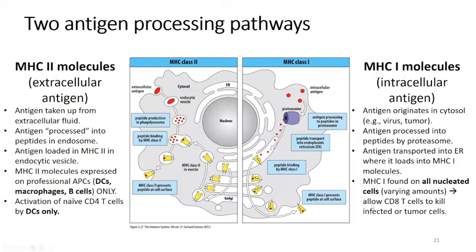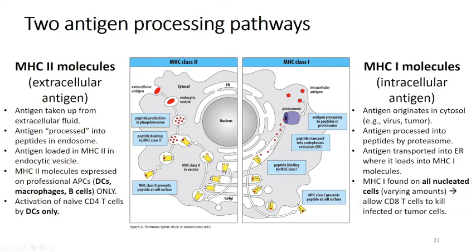Every nucleated cell in the body has class 1 on the surface, so a tumor cell or virus-infected cell. Those antigens actually start out as cellular antigens, the tumor antigens, the viral antigens in the cell that's infected.